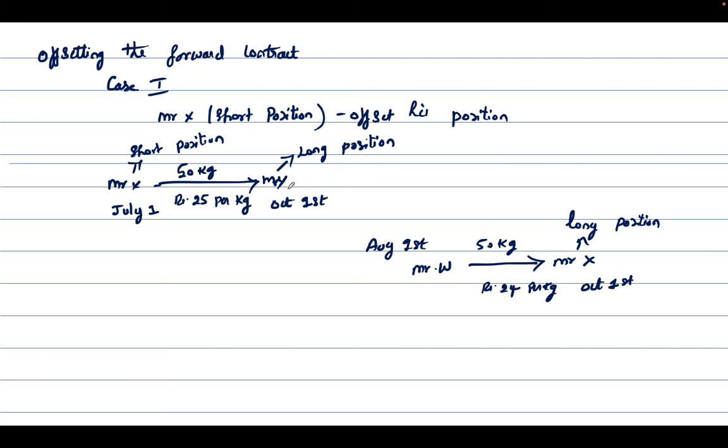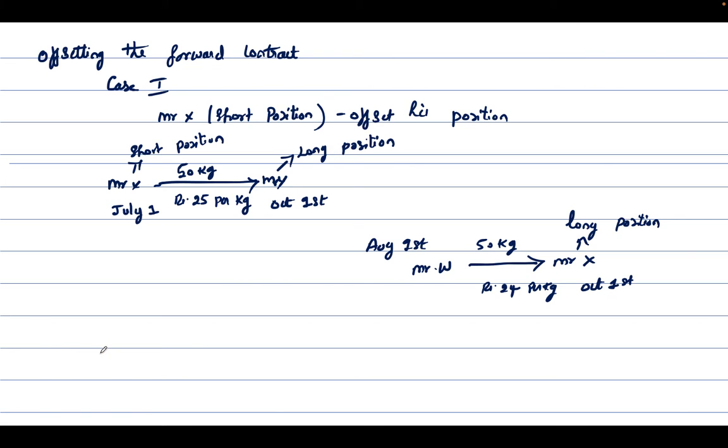So what he has to do is go for a short position now to offset the contract. So let us say Mr. Y decides to get out of his position and hence enters into a forward contract with another Mr. V, in which he agrees to sell. That is the offsetting position.